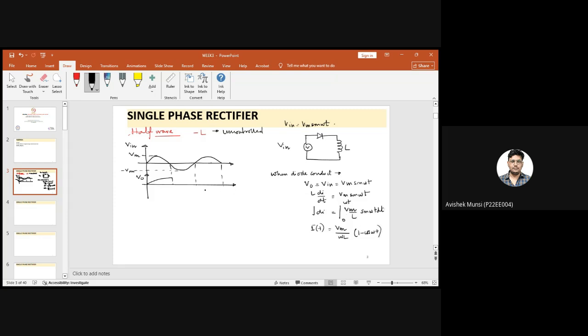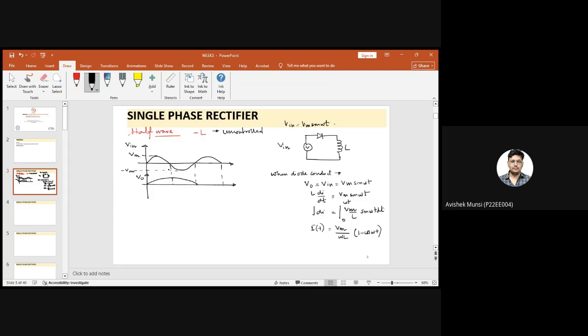Now since the inductor will store the charge, what will happen in the second half cycle? It will try to discharge it. So in the second half cycle, it will try to discharge to 0.